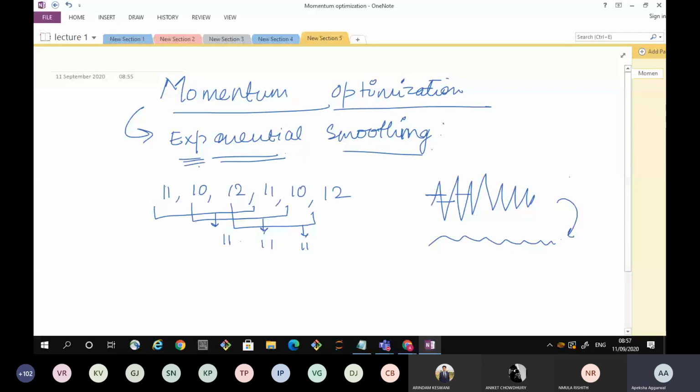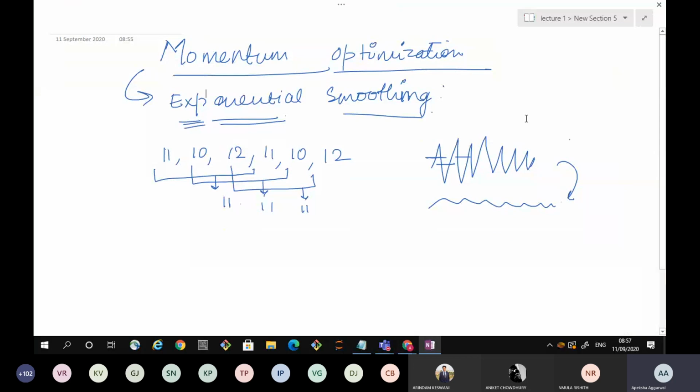My exponential function in this exponential smoothing looks somewhat like Vt = beta Vt-1 + (1 - beta) theta t.